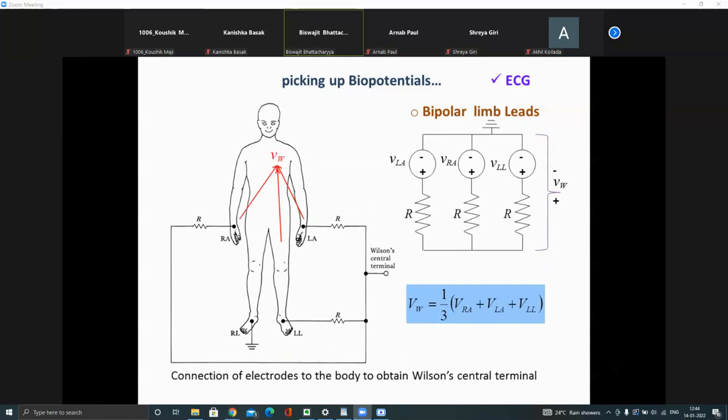So our VW is effectively our reference voltage located at the center of the heart. It is the node voltage with respect to ground. Clear?